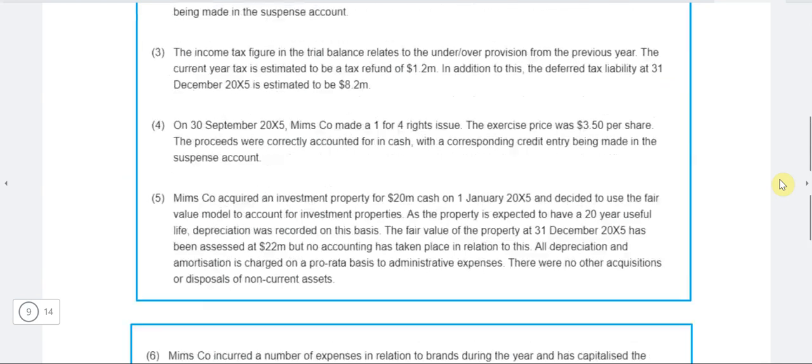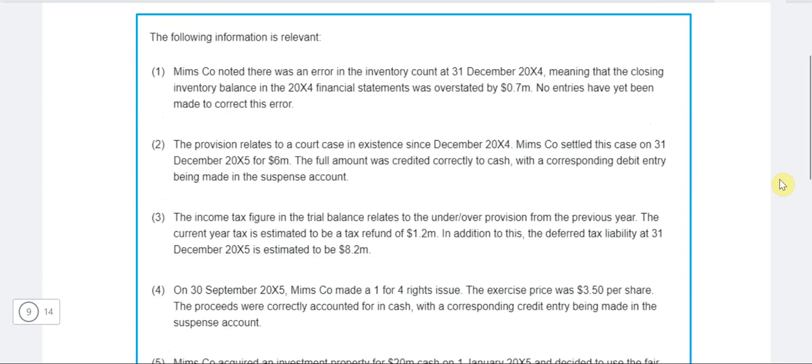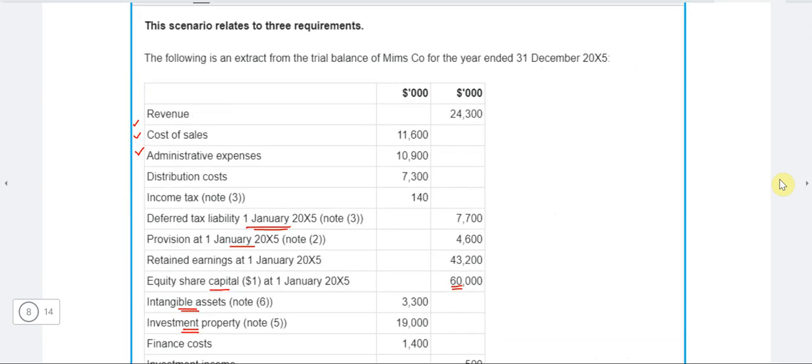Okay, now we'll move to the additional information. MIMS company noted that there was an error in the inventory count at 31st December 20x4. Which year are we talking about? We are talking about 31st December 20x5.